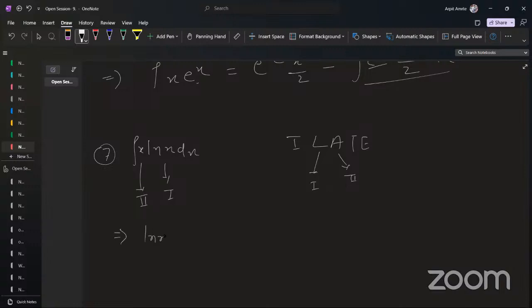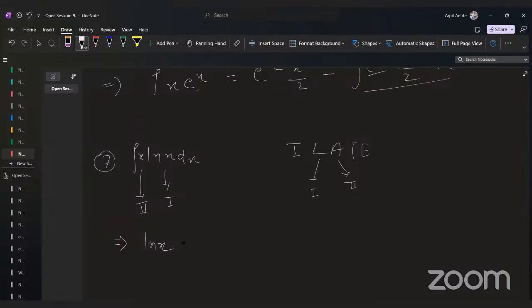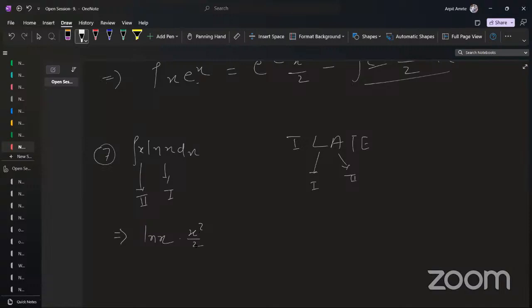We will get the first function, then the integration of the second function. So what will be the integration of x? x square by 2. So ln x into x square by 2, minus the integration of the differentiation of the first function.